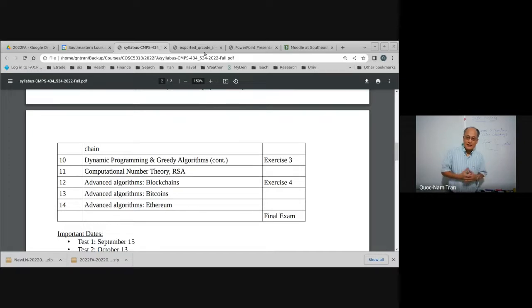In the past, our students did very well. In fact, in 2018, we won the contest for the whole state of Louisiana and some universities from East Texas, like Lamar University.